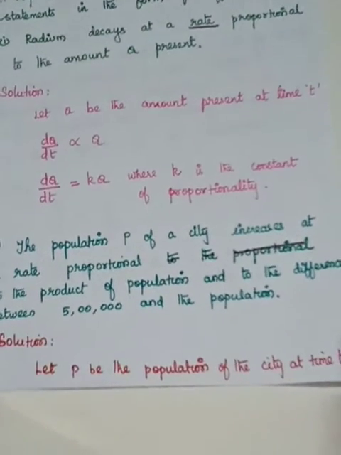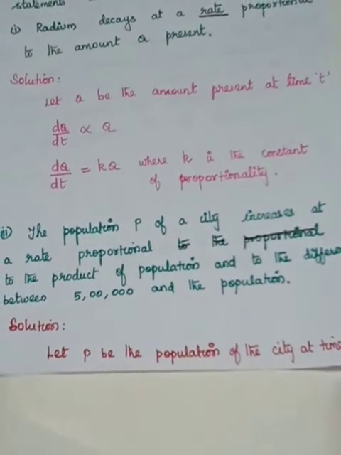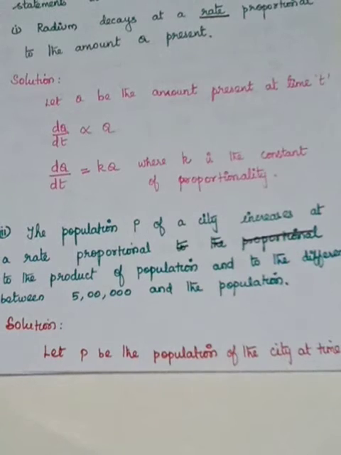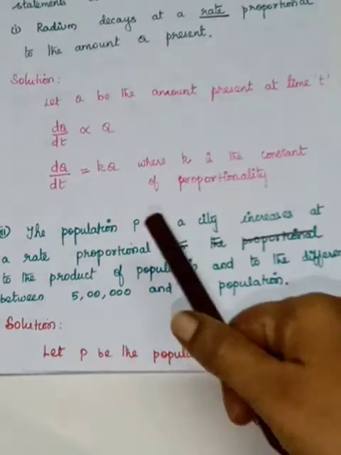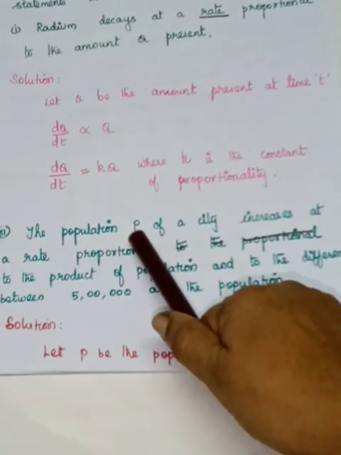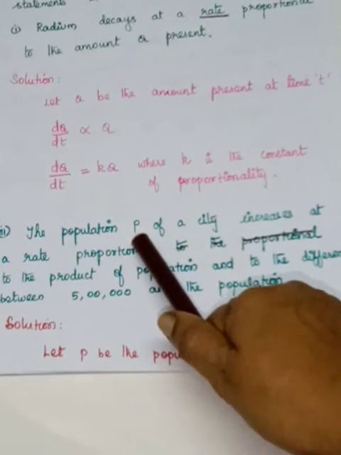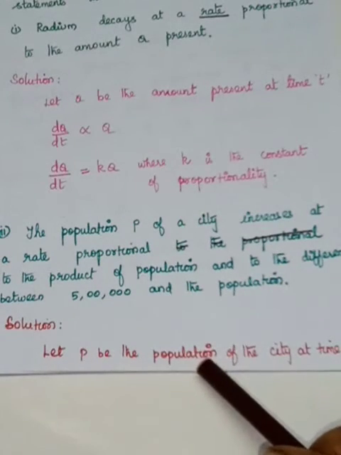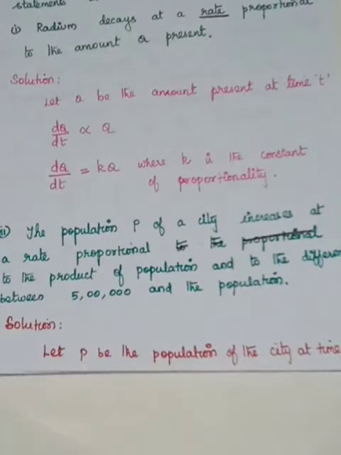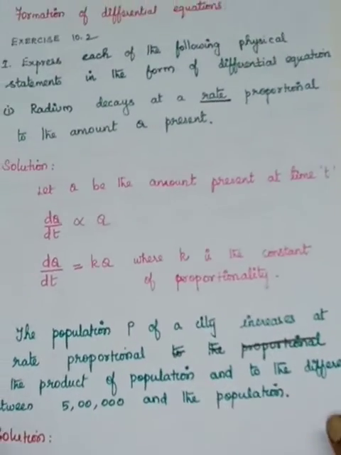See, the population P of a city increases at a rate proportional to the product of population and to the difference between 5 lakhs and the population. You see that the population is denoted by the variable P. Let P be the population of the city at time t.